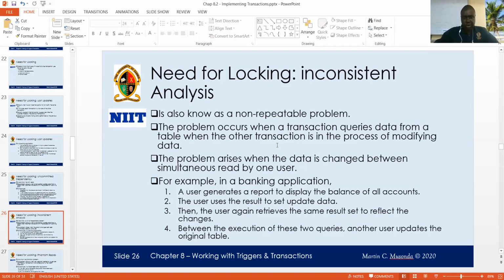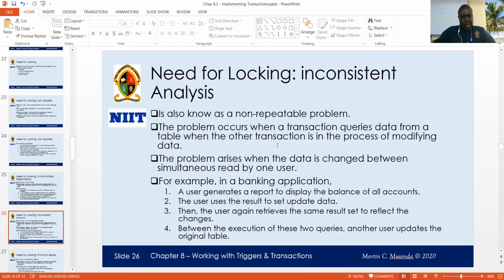An example will make it clear. A user generates a report to display the balance of all accounts. The user uses the result to update data. You use a select statement to retrieve, and you use that as a sub-query in another query to update.